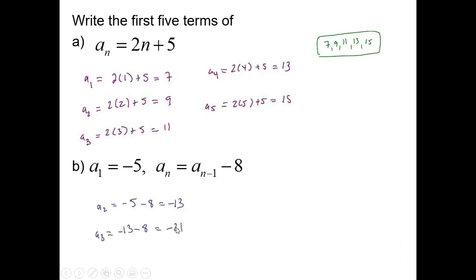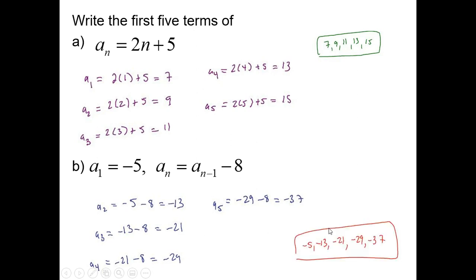Then negative 13 minus 8 is negative 21. Negative 21 minus 8 is negative 29. And negative 29 minus 8 is negative 37. And so the first 5 terms of this sequence would be negative 5, negative 13, negative 21, negative 29, negative 37.